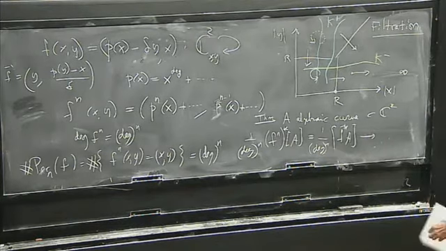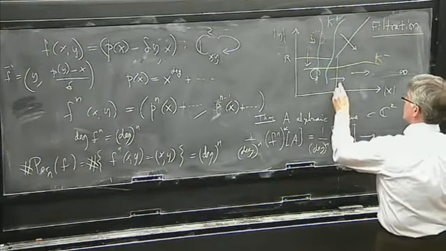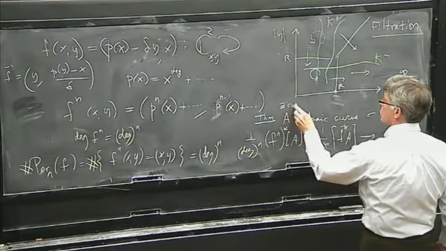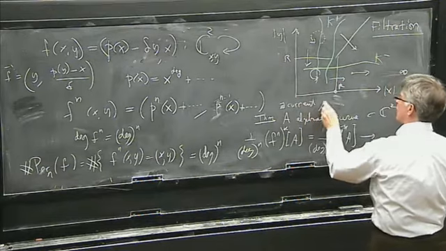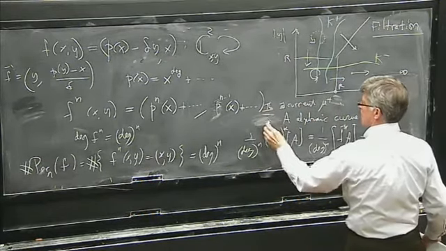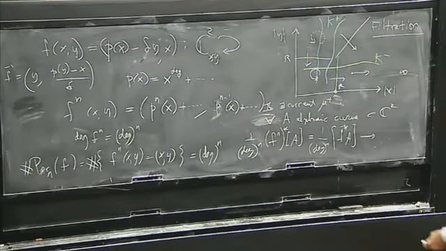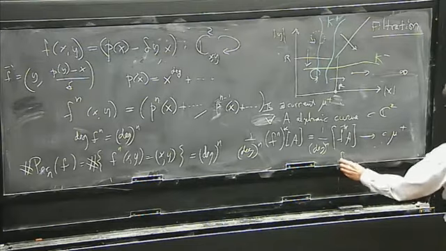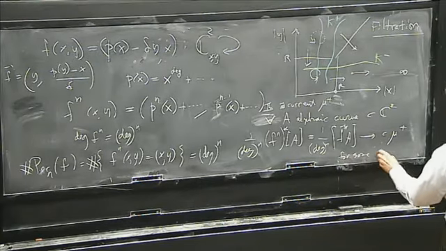So let me see. I need a little more space here. The theorem says there exists a current mu plus such that for every algebraic curve, this thing converges to a multiple of mu plus for some positive c.